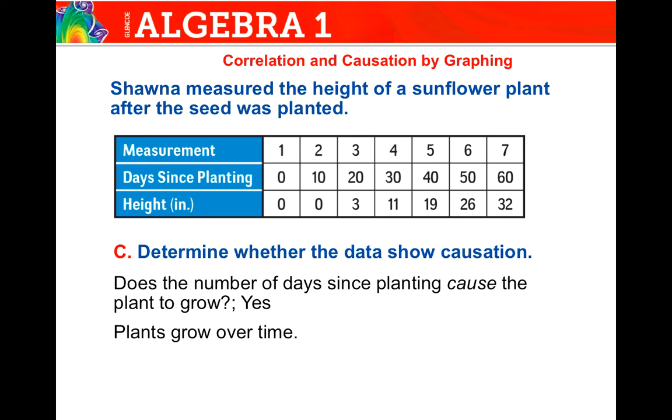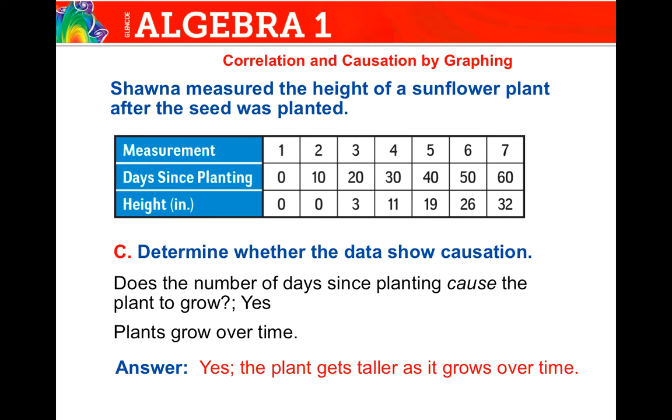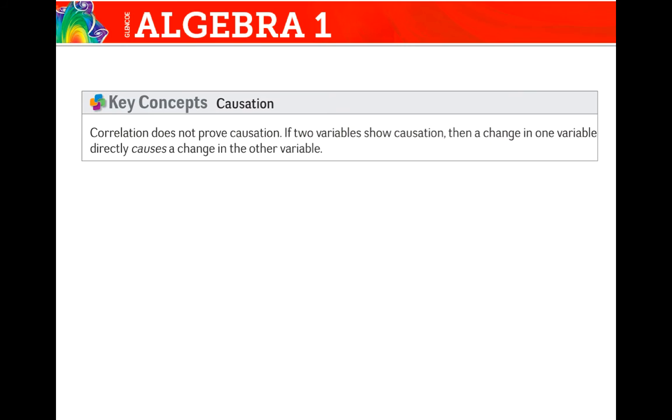So let's look at causation specifically. Correlation does not prove causation. If two variables show causation, then a change in one variable directly causes a change in the other. On day 0, I plant the plant, there is no height. But the longer the plant is given, the taller it's going to get. One causes the other. Time allows that plant to grow.